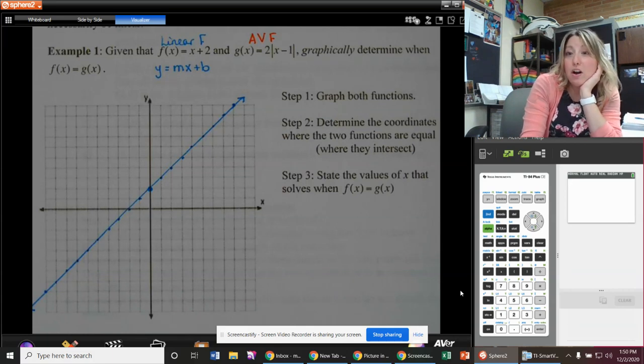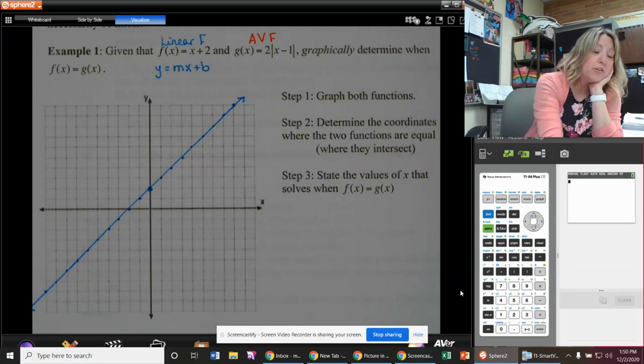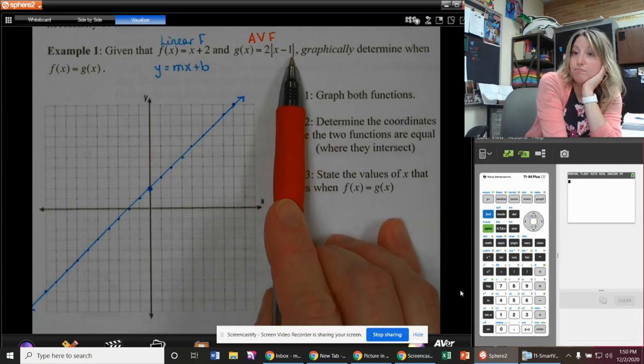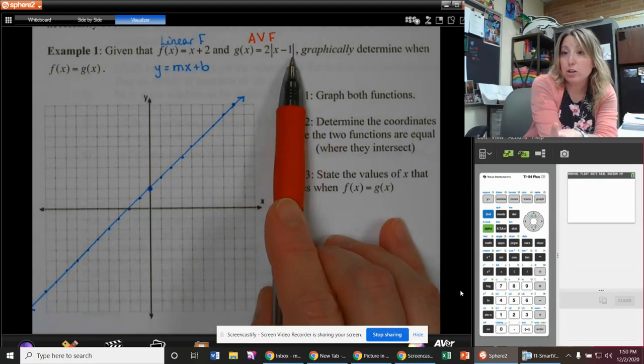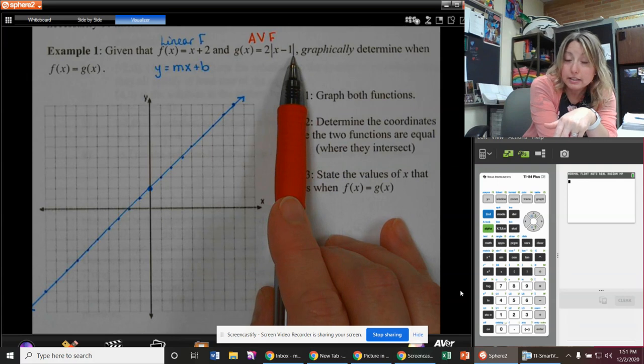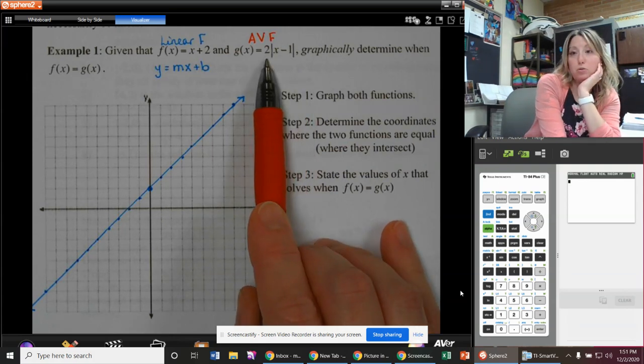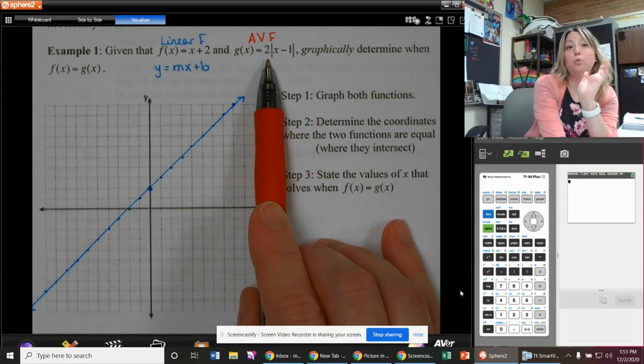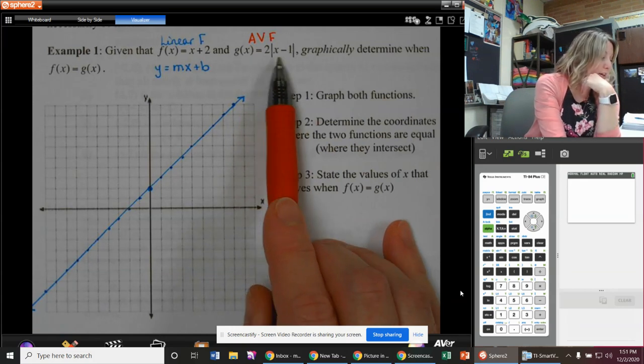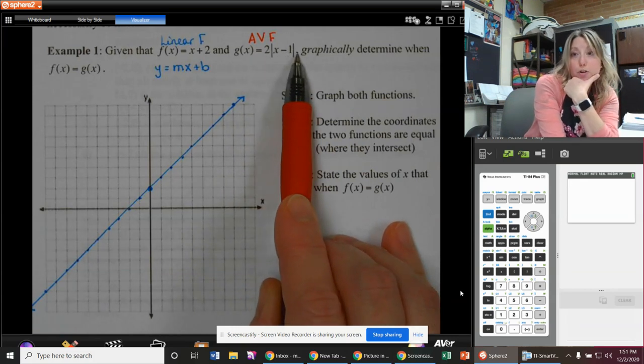So now I look at the other thing and I say, oh, well, this is absolute value. And again, because of the bars around the x, absolute value had that general form that we learned in chapter 3, lesson 6, and chapter 4, lesson 8. And that general form says that the number in front of the absolute value bars determines its slope to the right-hand side of the vertex. And the number in here and the number out here determine the vertex.